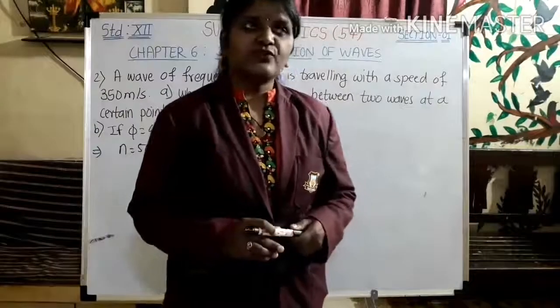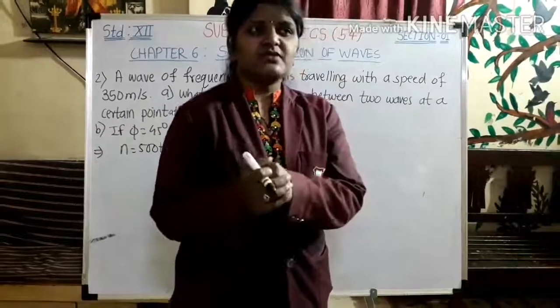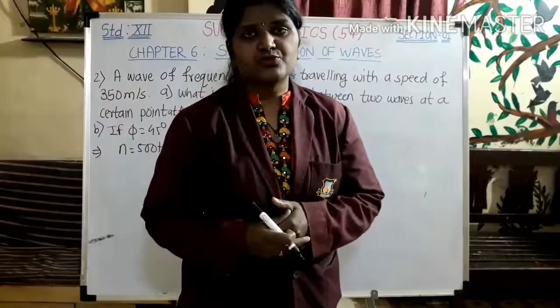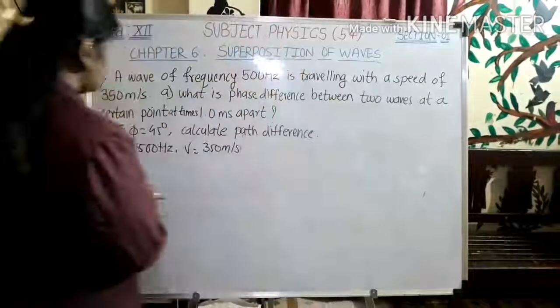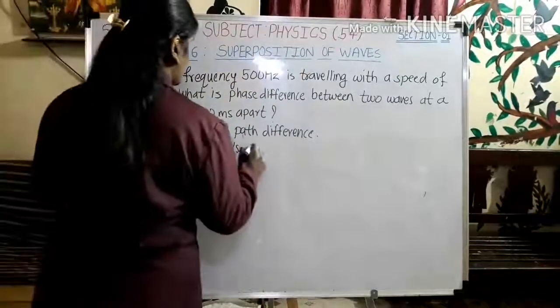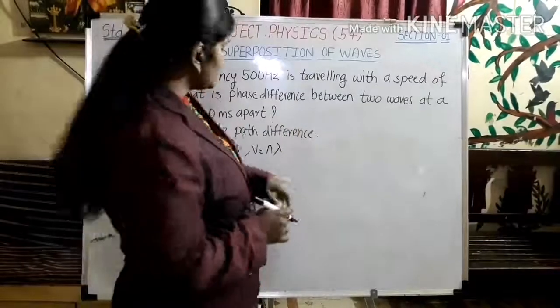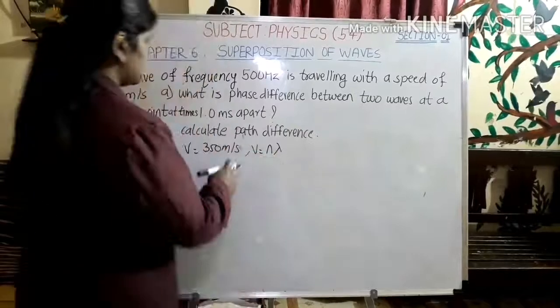Before finding phase difference, in the formula of phase difference we have to find the lambda, and we don't know the value of lambda. So first of all we are going to find the value of lambda. What will be the formula for it? As you all know, what is v? v is nothing but n lambda. So by using this we can find the value of lambda.